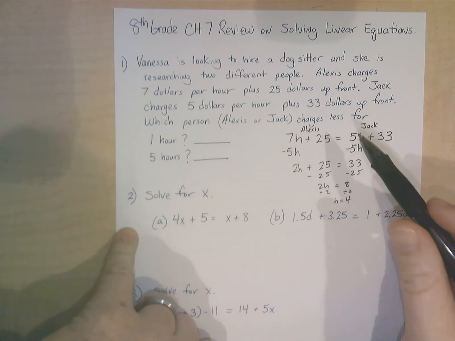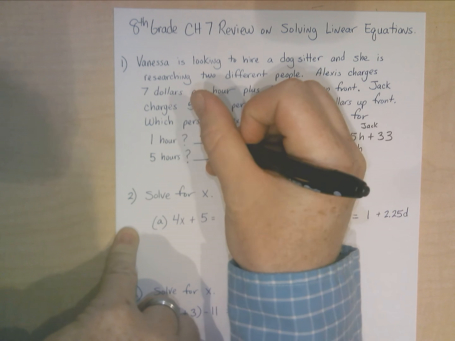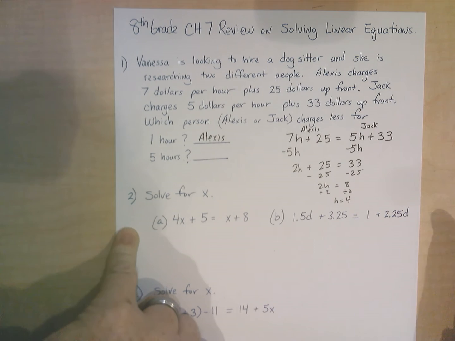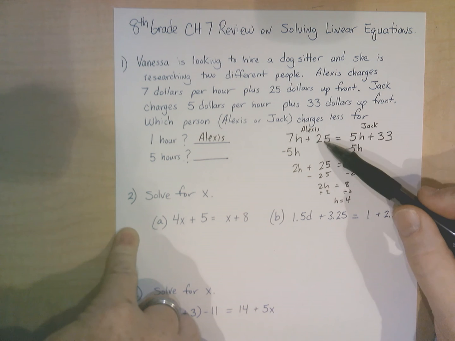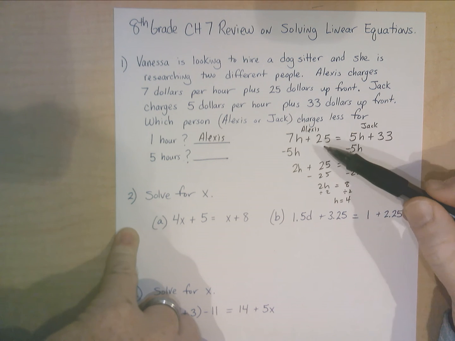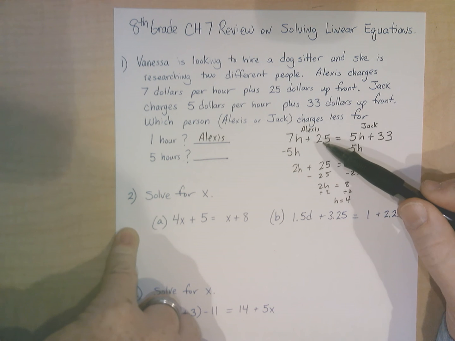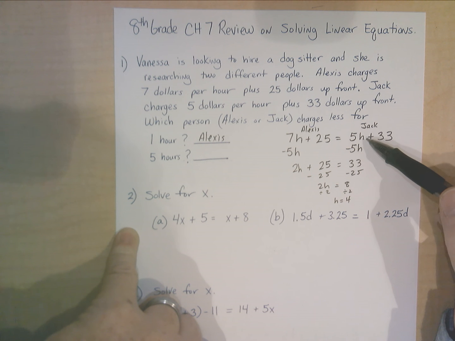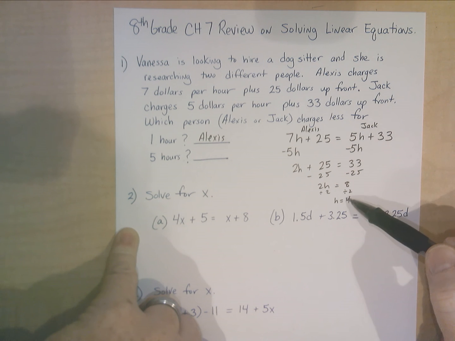So Alexis is going to be cheaper for the 1 hour. Right? But as it's approaching the 4th hour, they charge the same. That means after the 4th hour, Alexis is going to be more expensive. Jack is going to be less expensive. He might be more expensive up front in the beginning of it all, but eventually it's going to be cheaper.